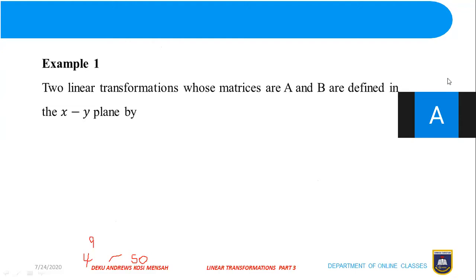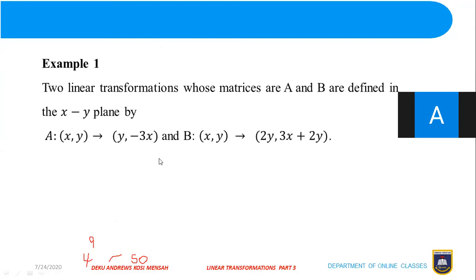The next example: two linear transformations whose matrices are A and B are defined in the XY plane. For A, we have this matrix, and for B, we have this matrix.